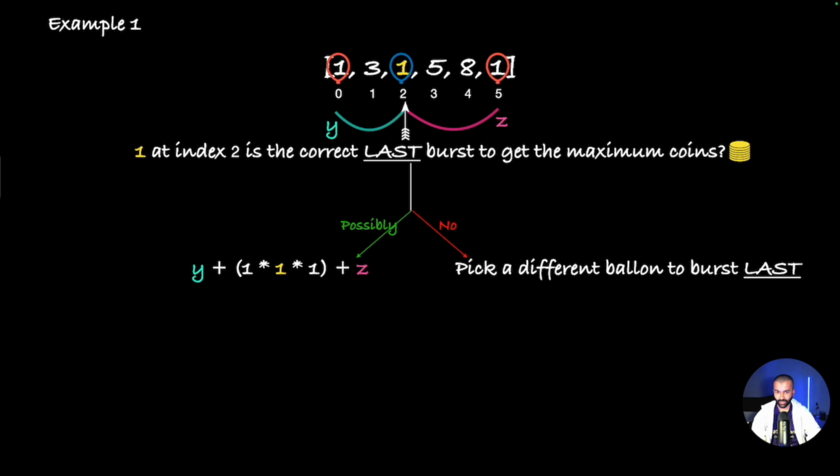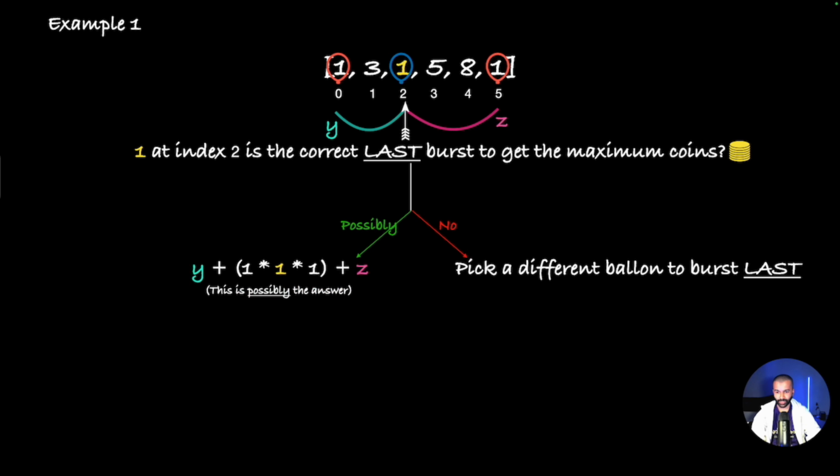And there's some value z that represents the maximum number of coins burstable between indexes 2 and 5. So that means y plus bursting our last balloon at index 2 plus z would yield us the possible answer to this question.